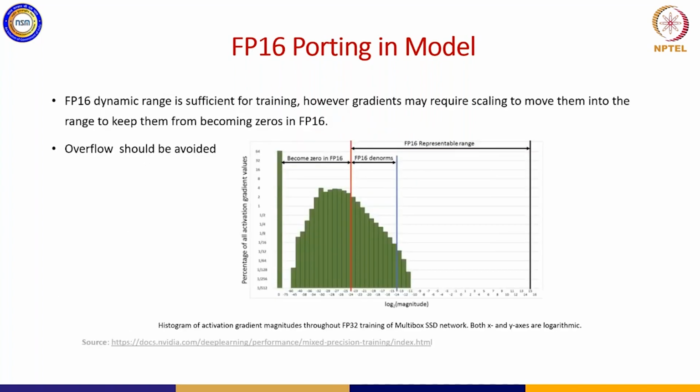So FP16 has a dynamic range which is sufficient for you to train, and it affects the gradient of your deep neural network.